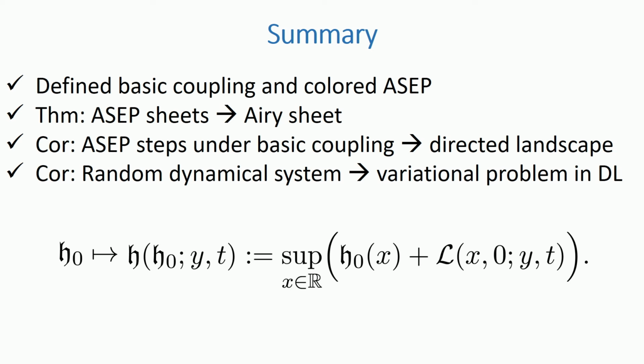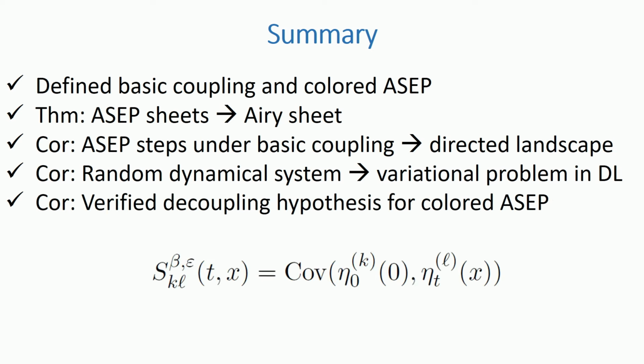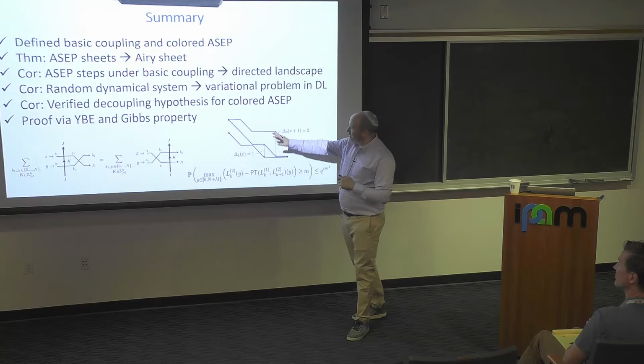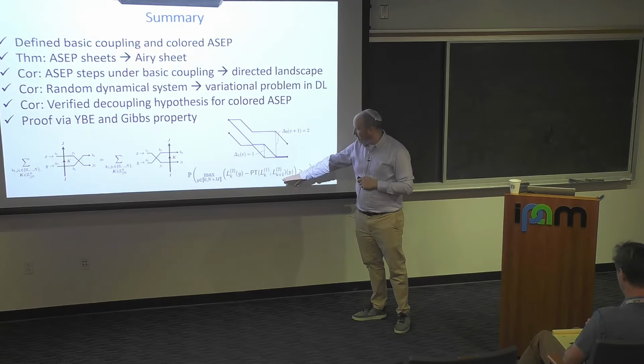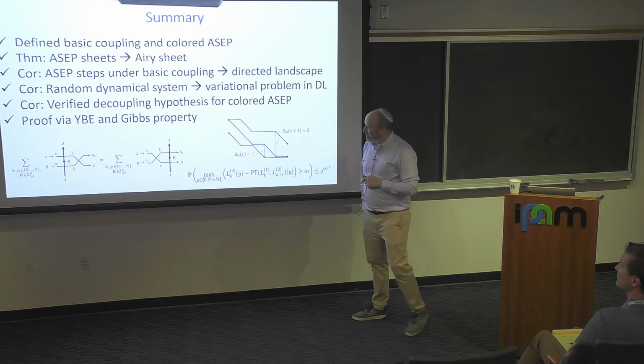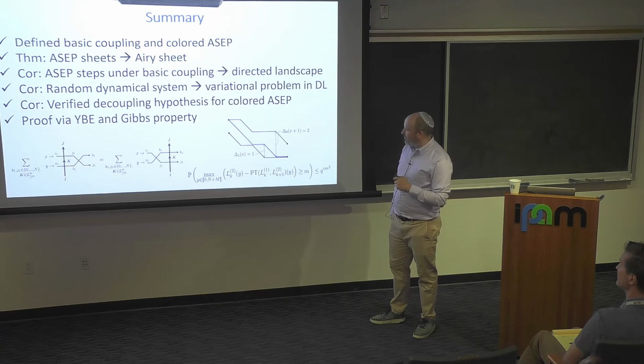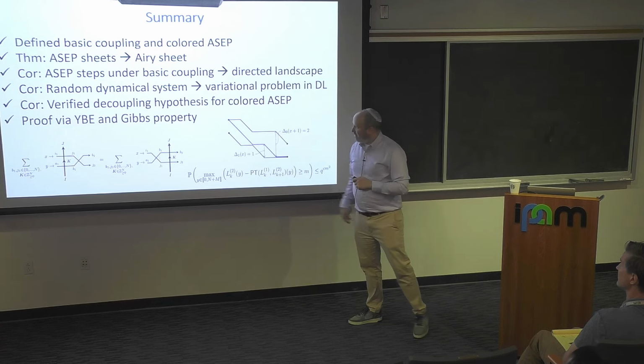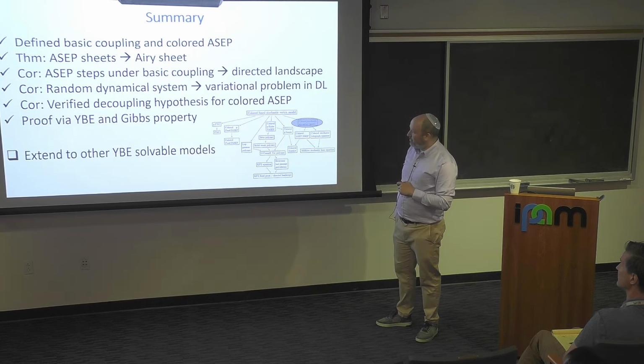There was the convergence of the random dynamical system to a variational problem in the directed landscape. There was this decoupling hypothesis. All of these came from the initial theorem. And that theorem was proved by the Yang-Baxter equation combined with two versions of the Gibbs property, one intracolor and one uncolored. And your ability to extract the scaling limit relied on the ability to identify it through this strong characterization.